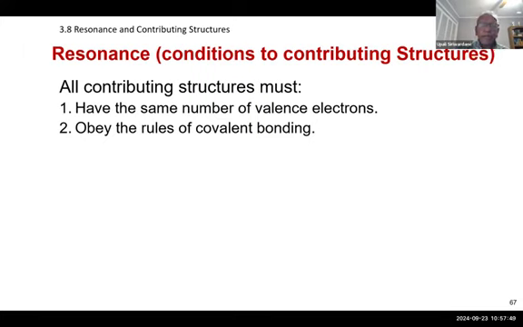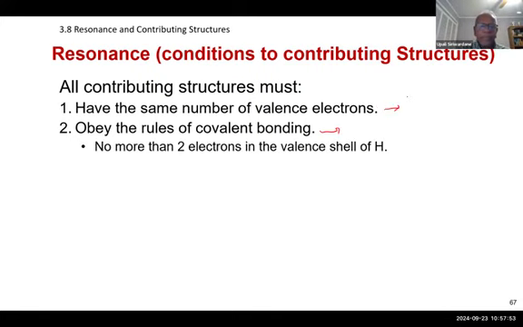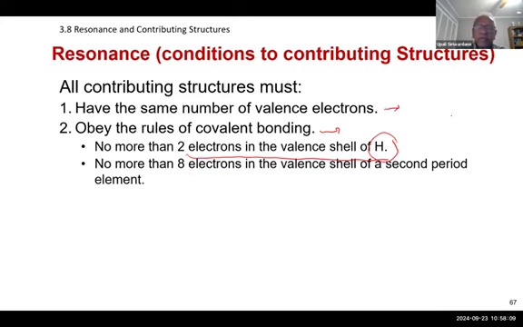They still obey the octet rule. No more than 2 electrons in the valence shell: if the molecule has hydrogen, it cannot have more than 2 valence electrons. That's the normal Lewis structure, where the octet and duet still hold.